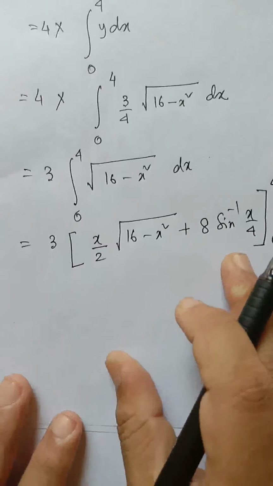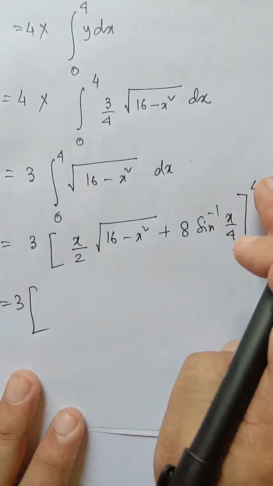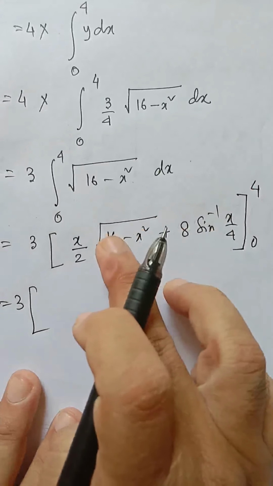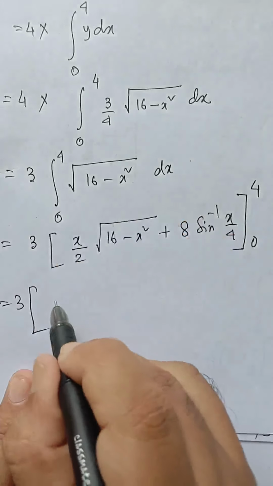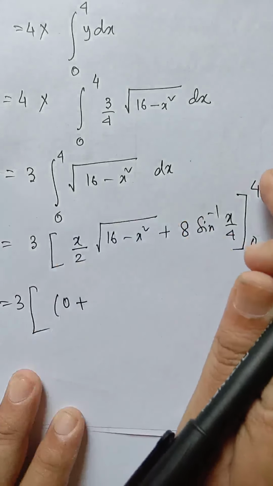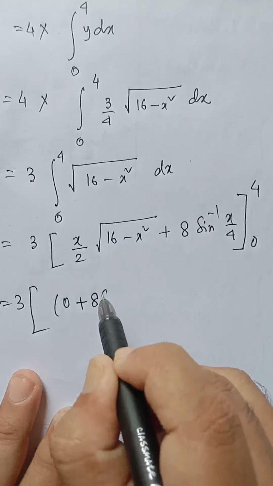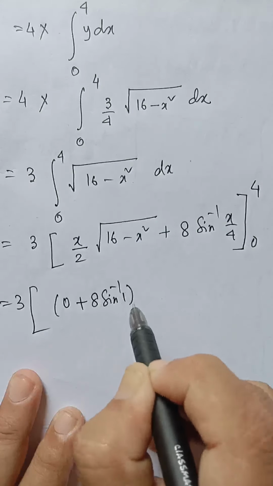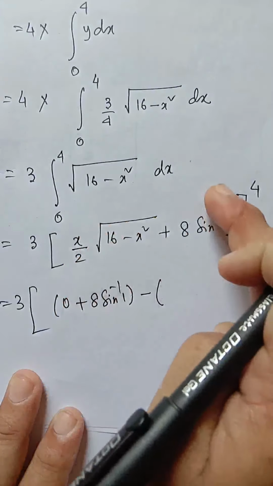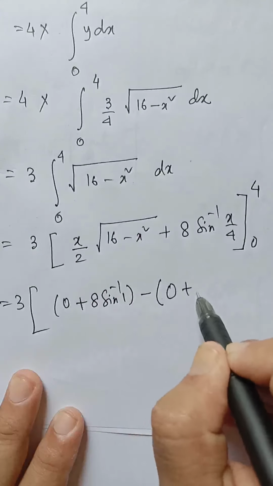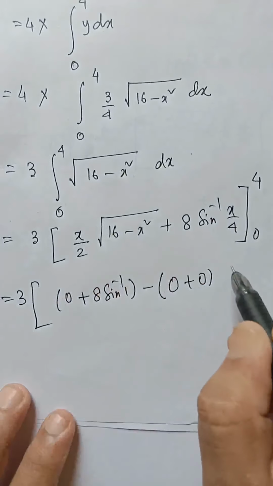from 0 to 4. Next, 3 into, we have to put x equal to 4. If we put x equal to 4, 16 minus 16 will be 0, so the value of this will be 0, plus 8 sine inverse of 1, minus, if we put x equal to 0, this will be 0 and this will also be 0, because sine inverse of 0 is 0 and 0 into something is 0.